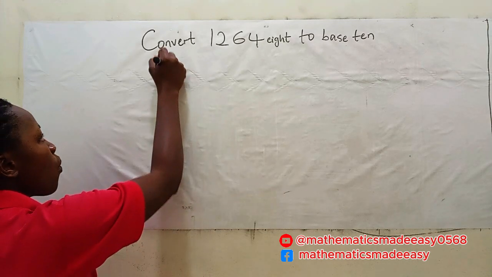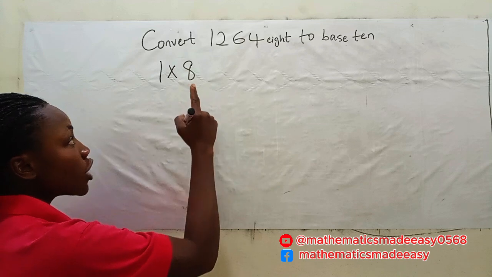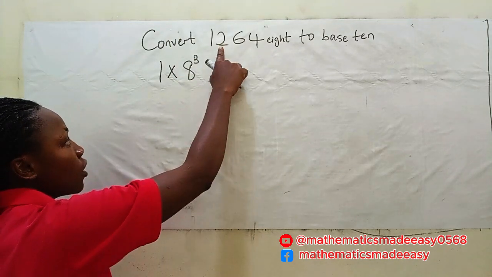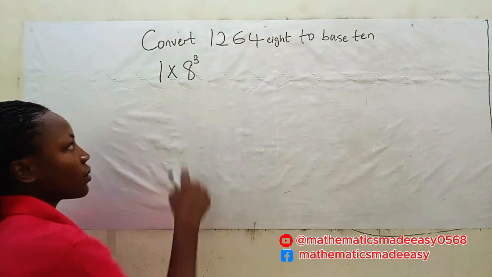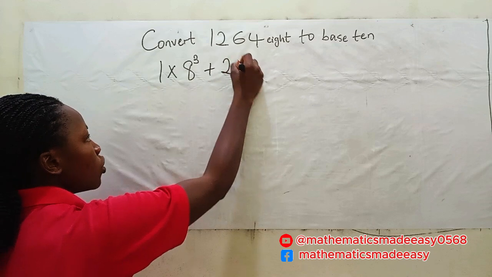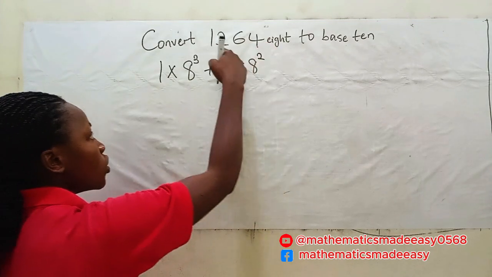Here we have 1 times 8 raised to power 3. That is 1, 2, 3, plus 2 times 8 raised to power 2. This is 2.